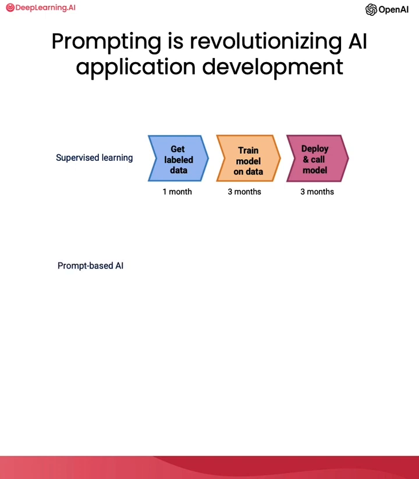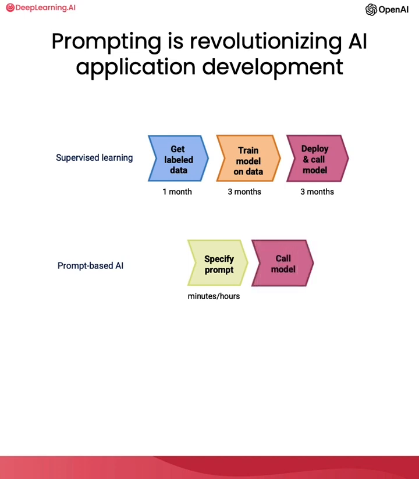In contrast, with prompting-based machine learning, when you have a text application, you can specify a prompt. This can take minutes, maybe hours, if you need to iterate a few times to get an effective prompt. And then in hours, maybe at most days, but frankly more often hours, you can have this running using API calls and start making calls to the model.